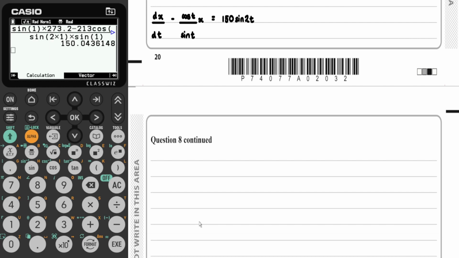To solve this differential equation, we can use the integrating factor method. The integrating factor is given by e to the power of the integral of negative cos t over sin t dt. Working this out, the differential of sine is cos, so we have e to the power of negative natural log of sin t, and then using the power law of logs, we can rewrite this as e to the natural log of sin t to the negative 1.